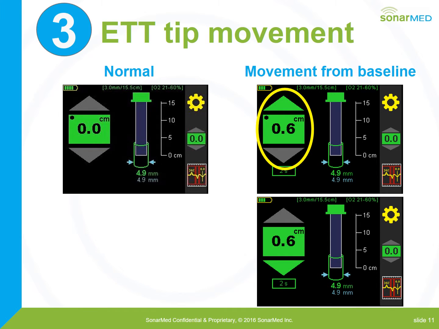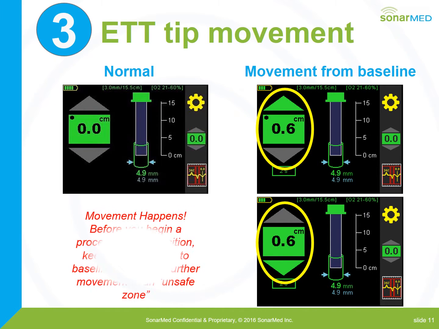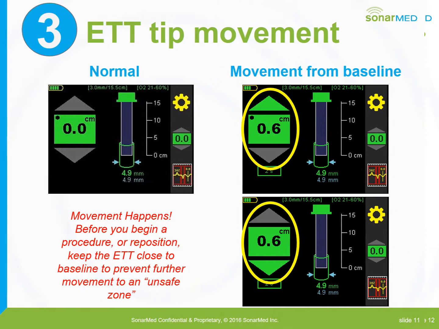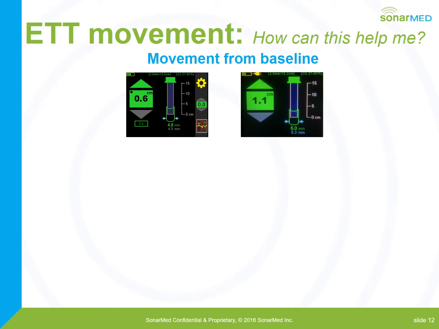So that's movement upward and movement downward. And movement happens a lot. You're going to see that as you start to use this monitor. Movement of the endotracheal tube happens. We know it, but you'll see that it happens quite substantially. Being able to keep this tube in a safe position can really help you out.